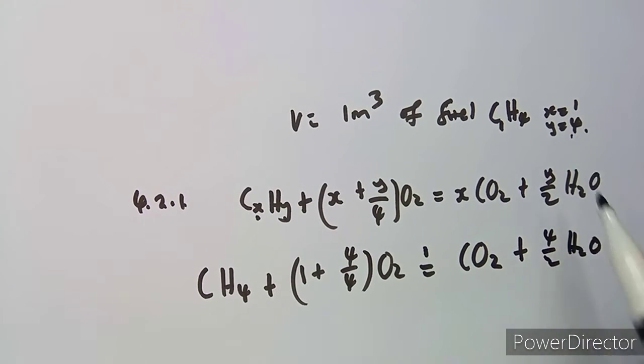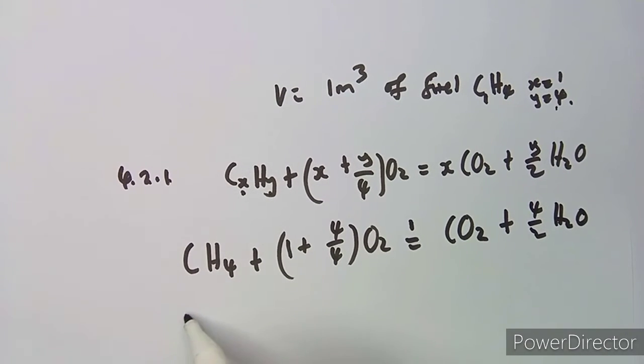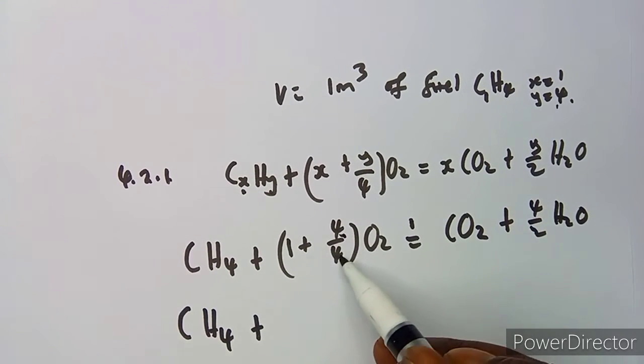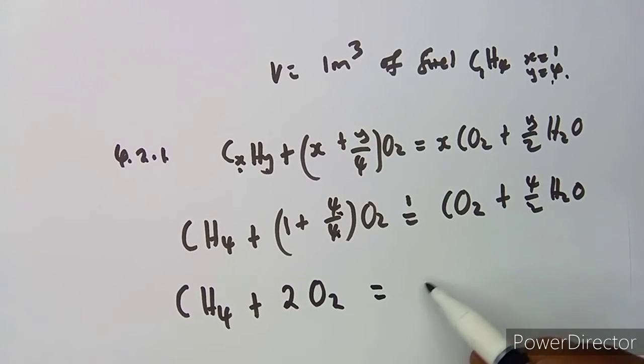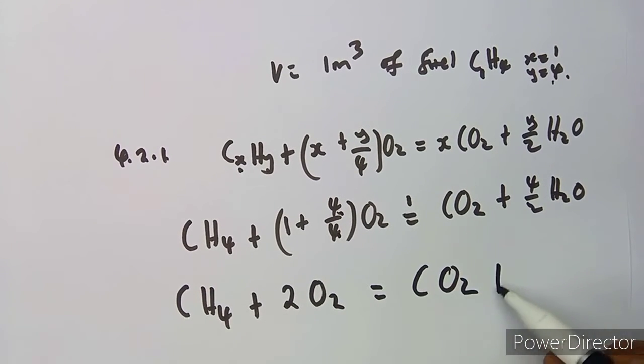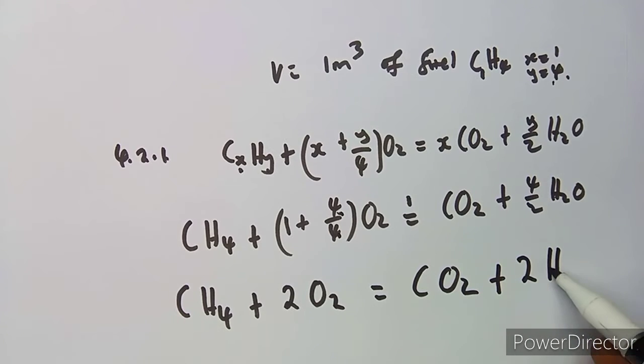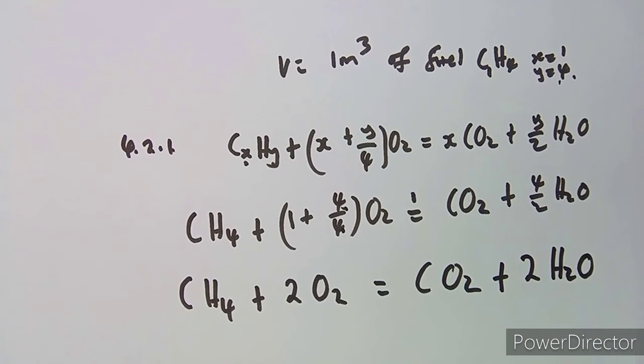You just substitute the x and y as they are. So that's CH4 plus 1 plus 1, which is 2 O2, equal to CO2 plus 2 H2O. All right, so at this stage, is this balanced, guys?